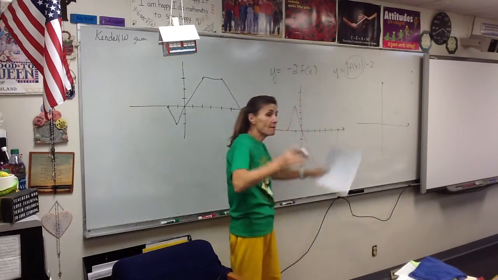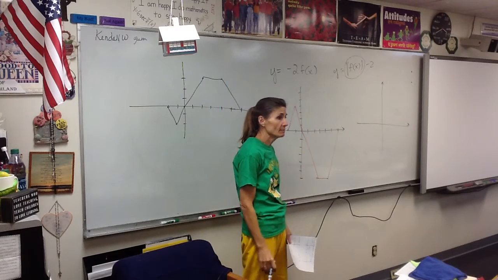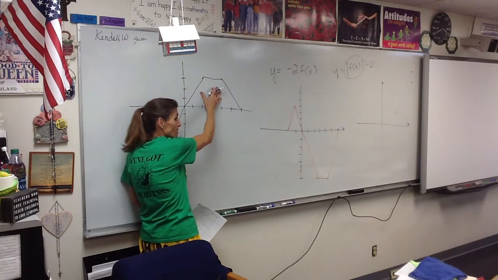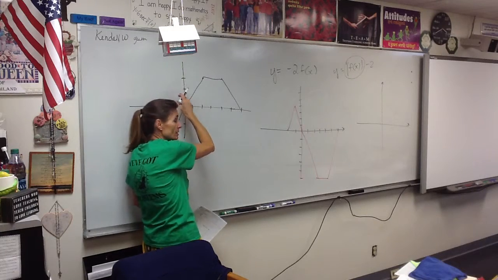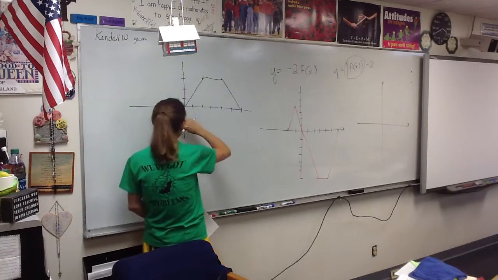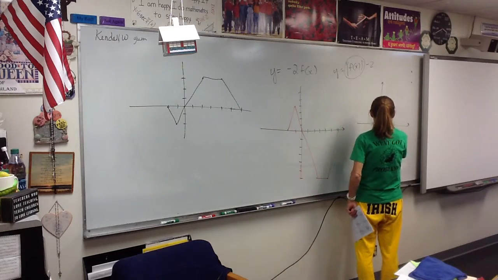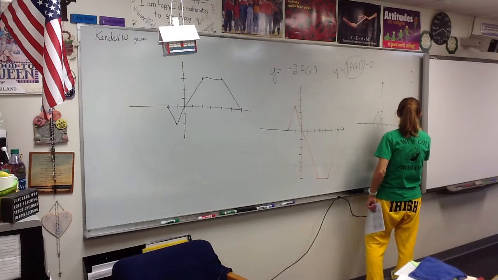When you take the absolute value of the whole thing, what happens? Positive part stays positive and the negative part gets folded up. So all I'm going to do in step 1 is pop this up. And then the rest of it's going to stay exactly the same.